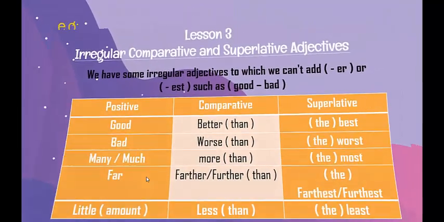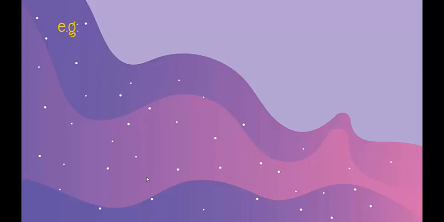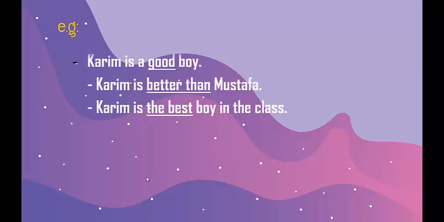Okay, here we have examples. The first one, Karim is a good boy. The adjective here, good, is an irregular adjective. I want to use the comparative form. As you can see, Karim is better than Mustafa, not gooder than. We can't say gooder than. It's better than, because good is the first irregular adjective.